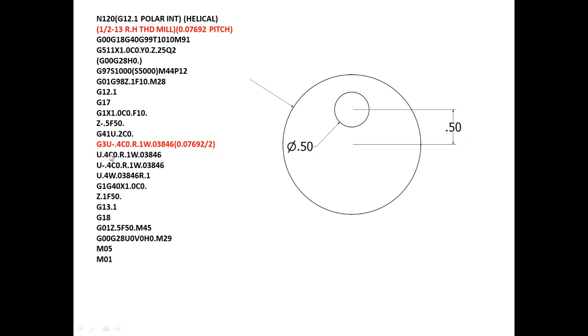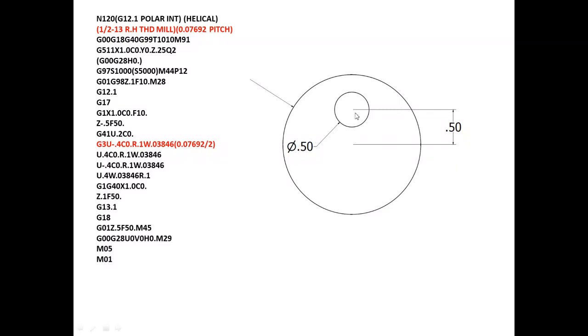From that point, I want to go another half circle, another half circle, another half circle. So basically that's the 2 circles of the thread mill. Each time I have to move incrementally the Z-axis half of the pitch. So you will get the right-hand thread.